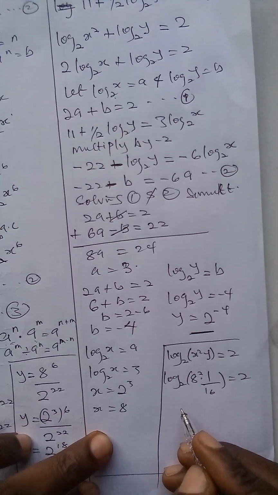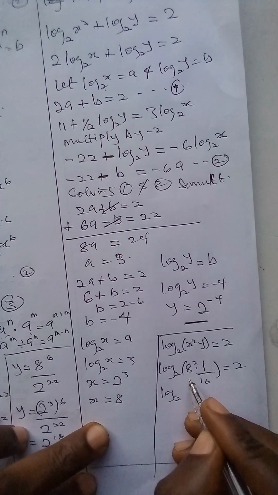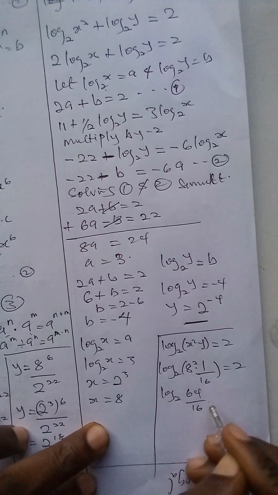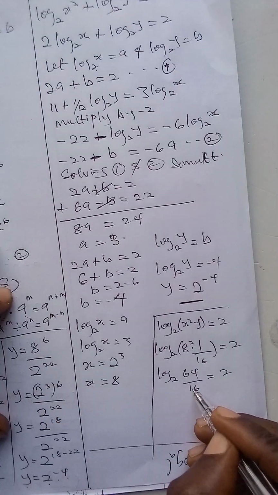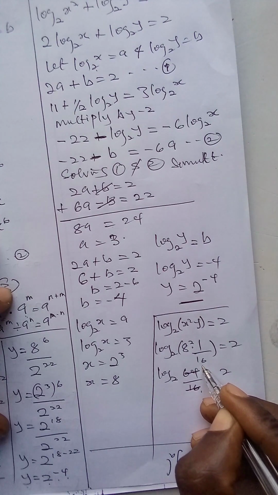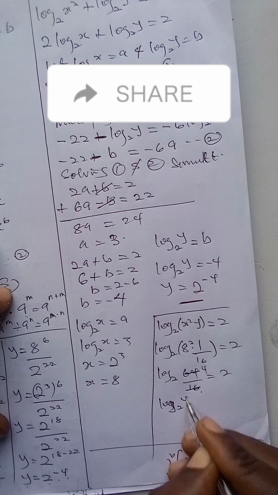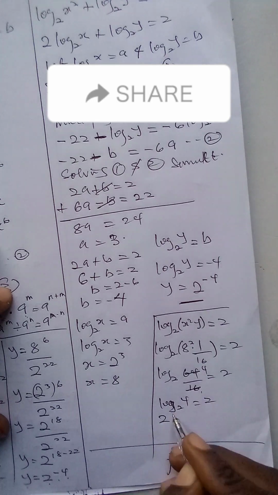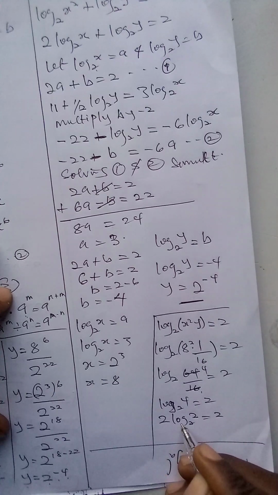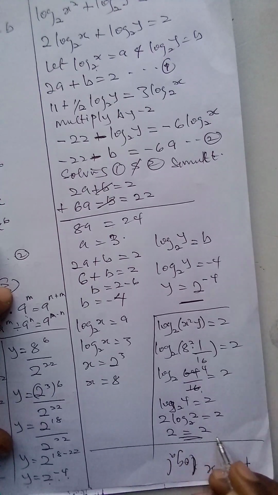It is 2. Now, 8 to power 2 is 64, over 16 will give us 4. Yes, so log to base 2 of 4 is 2. Of course, 2 log to base 2 of 2 is 2, because log to base 2 of 2 is 1. So we have a balanced equation.